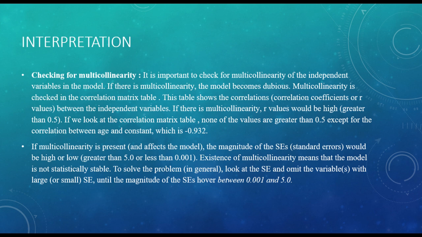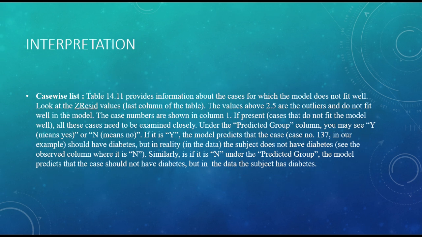Existence of multicollinearity means that the model is not statistically stable. To solve the problem, in general, look at the SE and omit the variable with large or small SE until the magnitude of the SEs hover between 0.001 and 5.0.